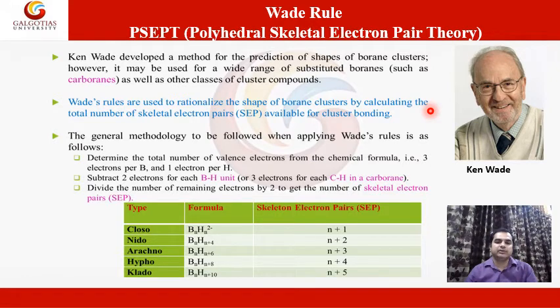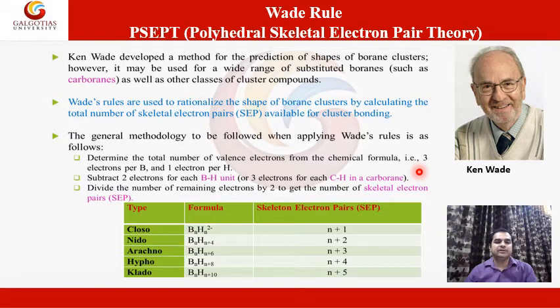The general methodology which can be utilized for calculation of SEP, given by Wade, is as follows. First, determine the total number of valence electrons from the chemical formula. That is, we take 3 electrons per boron atom and 1 electron per hydrogen atom.